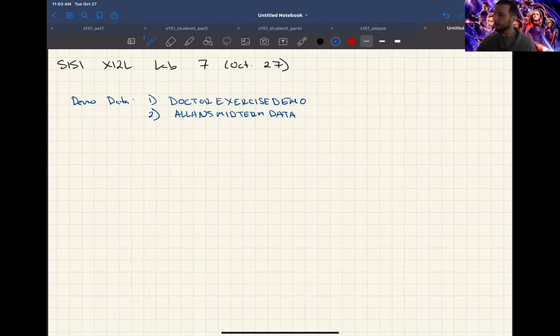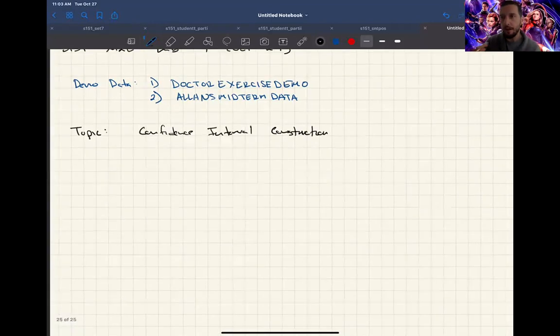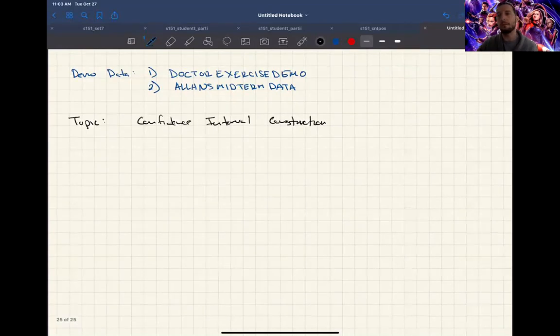Okay, so the topic for today is confidence interval construction. We have two types of confidence intervals that we're going to be working with.